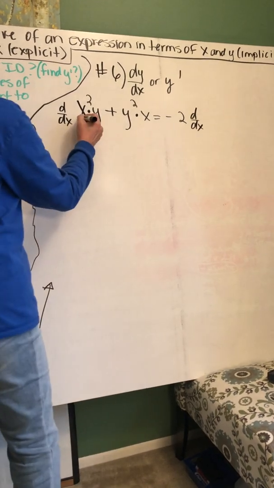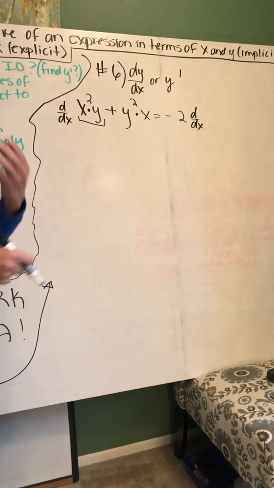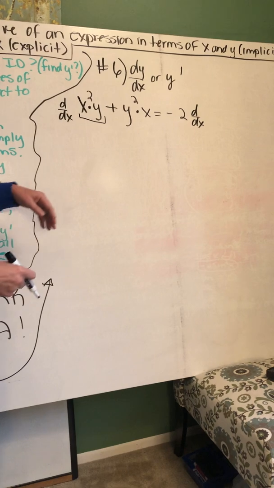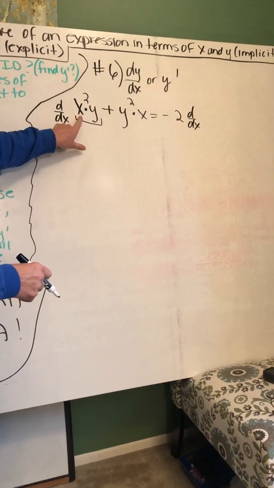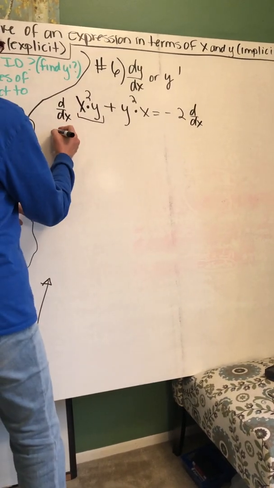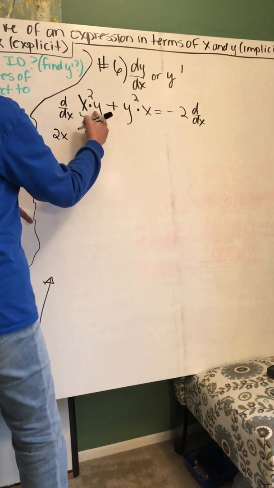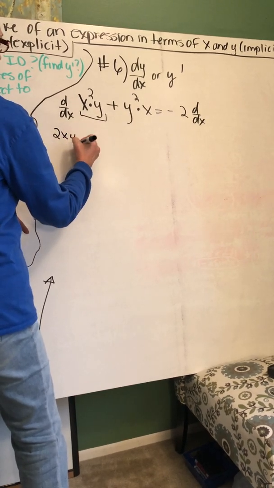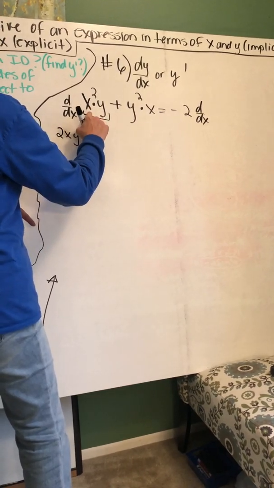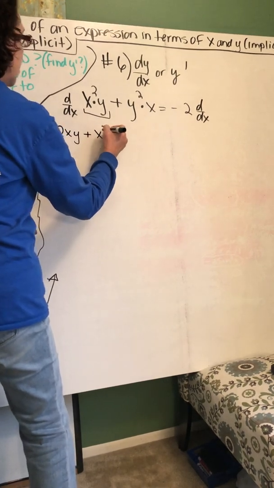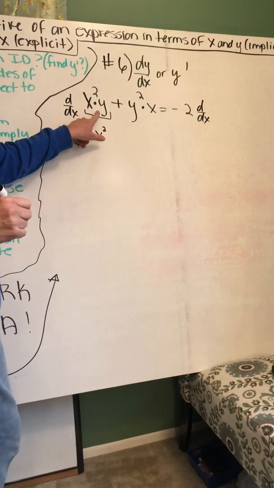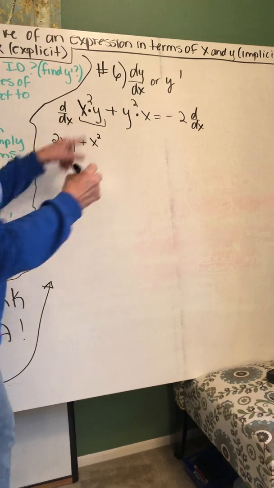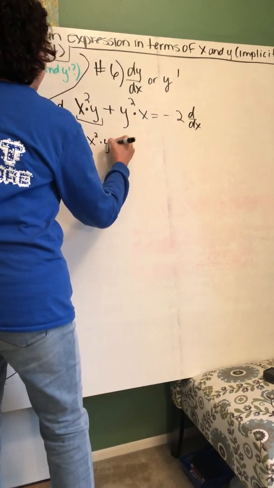Notice that I have a product rule here and a product rule here. Let's do this product rule first. I'm going to talk my way through it. Here we go. The derivative of x squared is 2x. I'm going to keep my y, plus I keep my x squared and multiply by the derivative of y, which is 1, times y prime.